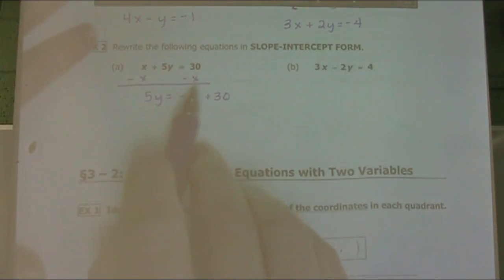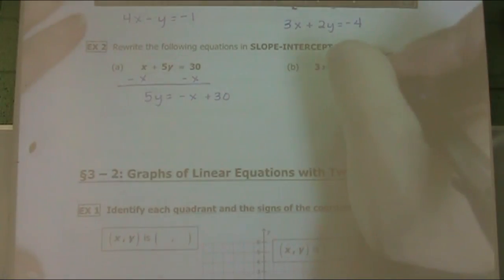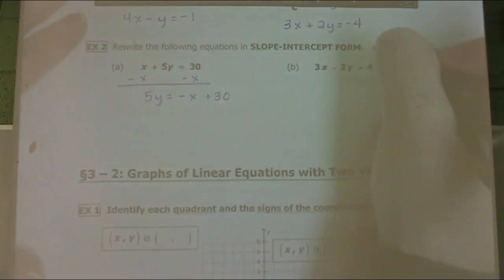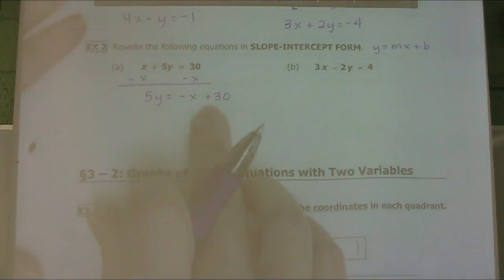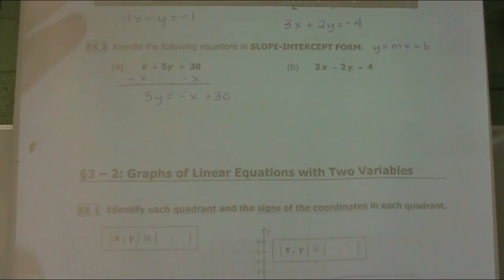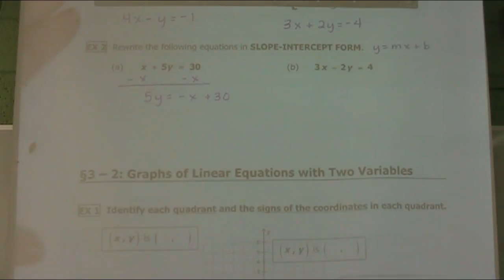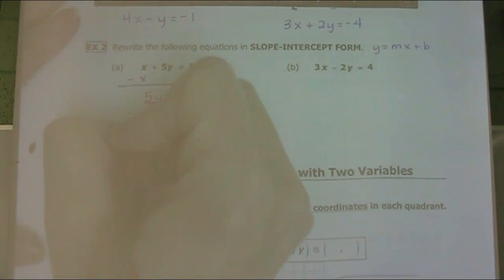Now, the reason I put the -x first is because the form is y equals mx plus b. The x term comes before the constant. Now, the second issue I have here is I have to have just a 1 in front of my y, and I have a 5. The way I'm going to get rid of that is divide everything by 5.